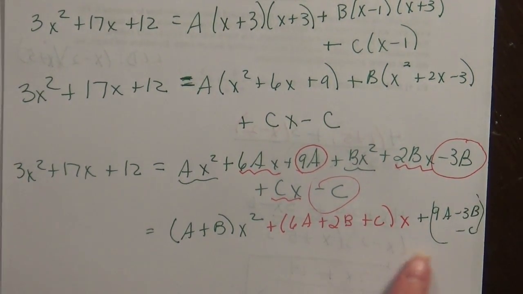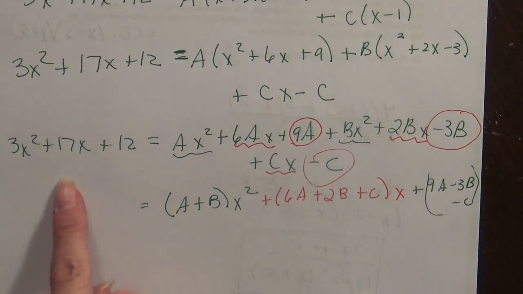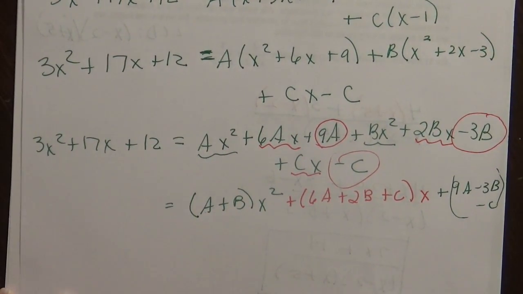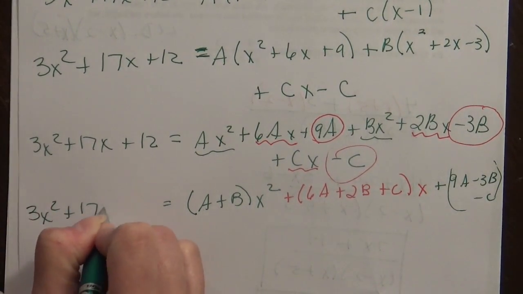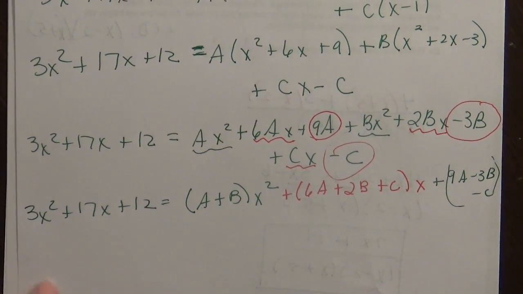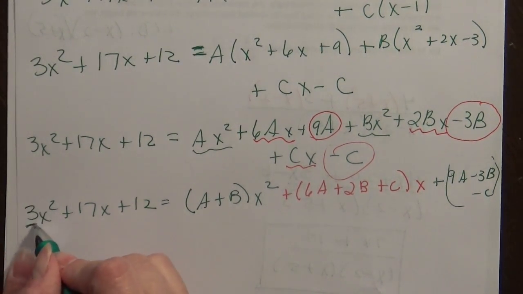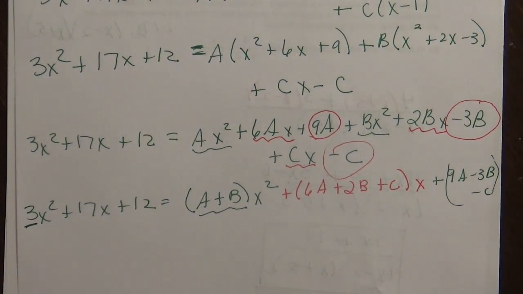Can you see how you've created this quadratic form, matching the left side? Let's bring down this equation on the left. You've got 3x squared plus 17x plus 12. Okay, so you've got x squared on the left and x squared on the right. Because the equations are equal, that means that the 3 here is equal to this a plus b. So you can set up an equation, 3 equals a plus b.